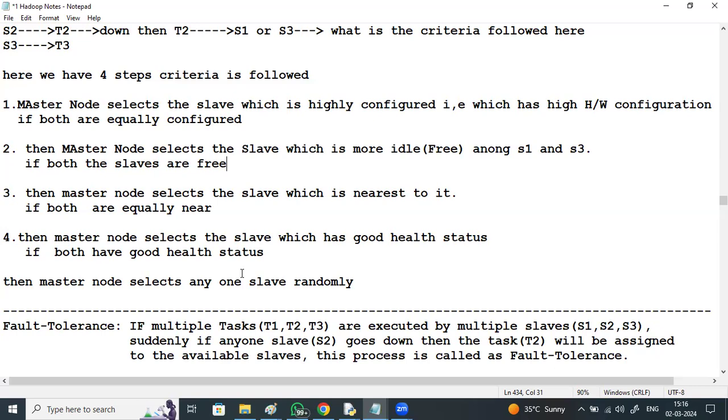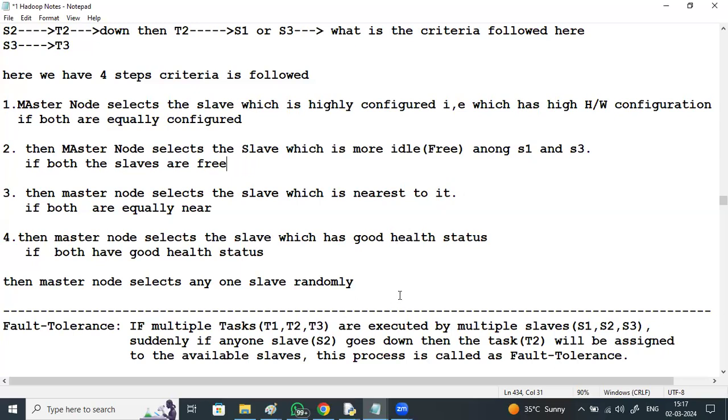The master decided because all the blocks are available across the three nodes. So why is T1 assigned to S1 only? Why is T2 assigned to S3? Sorry, T2 is assigned to S2 and T3 is assigned to S3. Why is the task assigned this way?